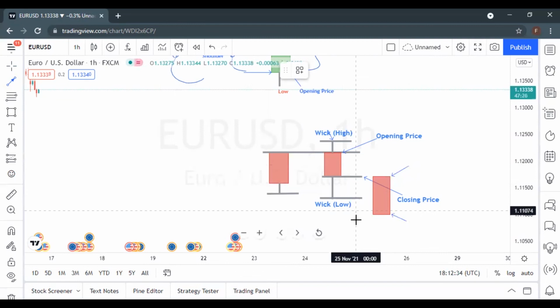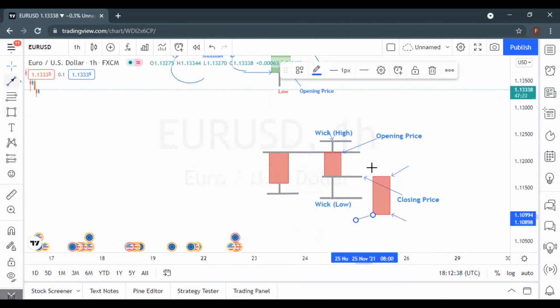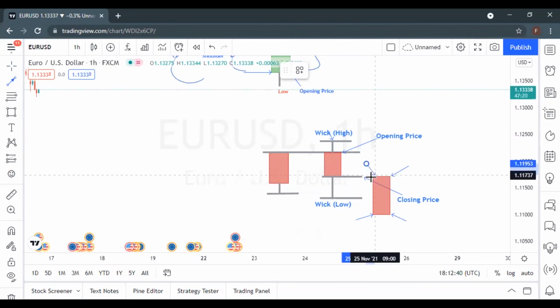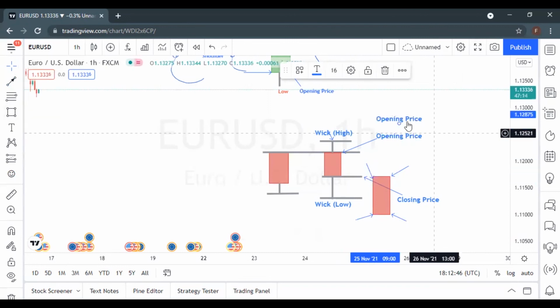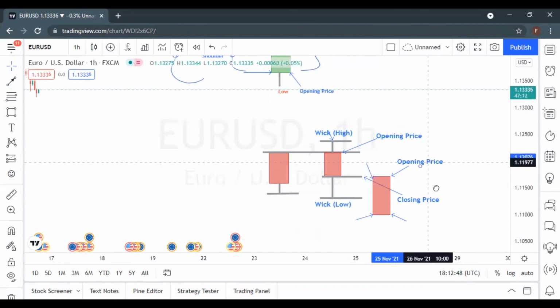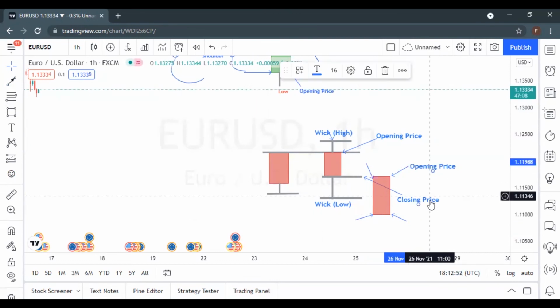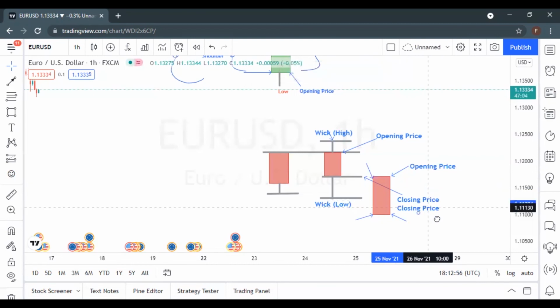This is going to be our low, and this is going to be our high, right? So let's just add some labels to this. So this is our opening. This is going to be our closing.